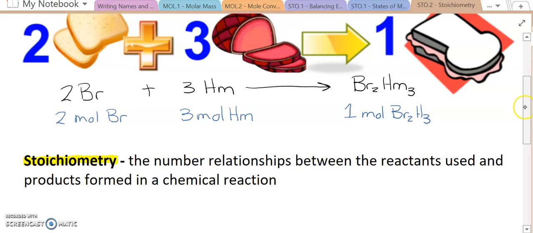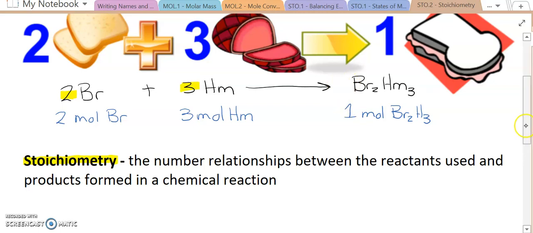So when we talk about stoichiometry, one of the key portions of stoichiometry is that relationship between the coefficients, or between the numbers in your balanced equation, and each other.